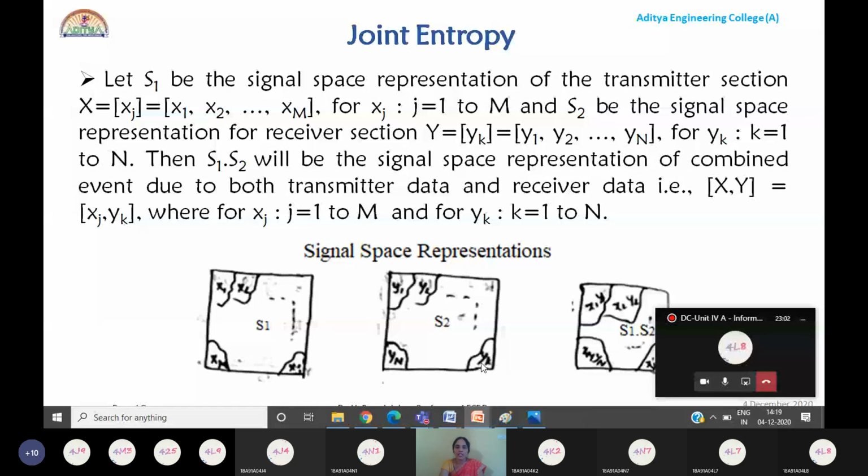Here we considered k as a variable, so I mentioned it as yk. Similarly, in the first figure, I mentioned xj.